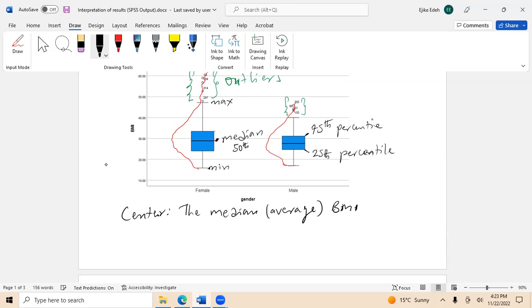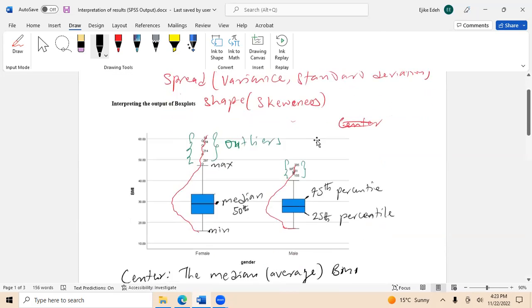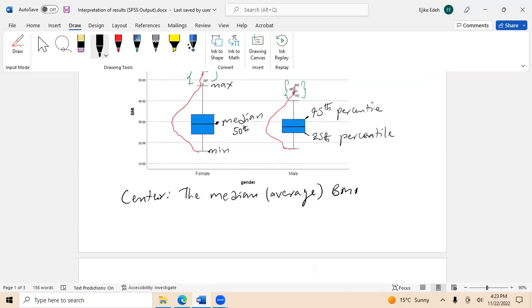Average is used in a loose sense here, referring to all the measures of center, which include the mean, the median, or the mode. The average BMI for male and female is about the same. Okay, they are more or less the same.